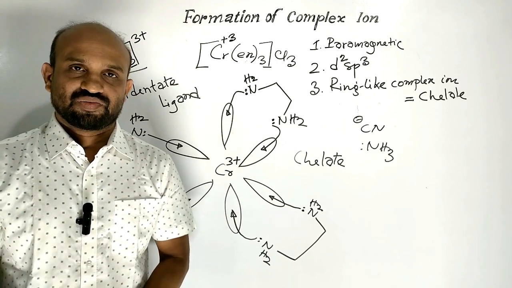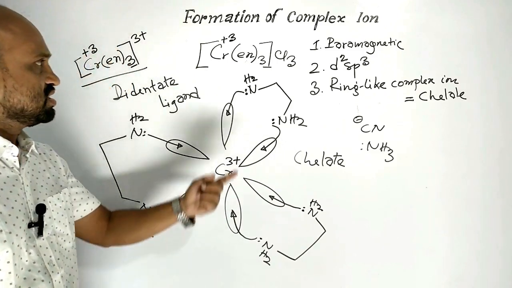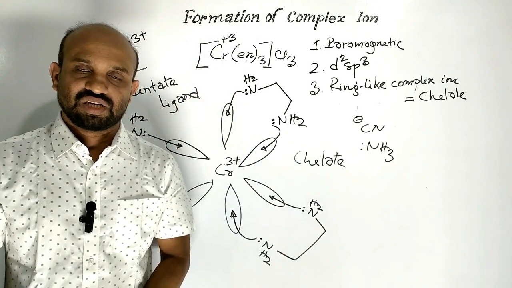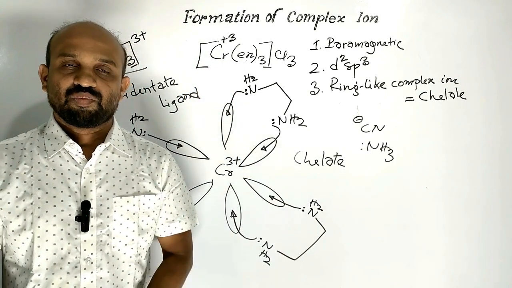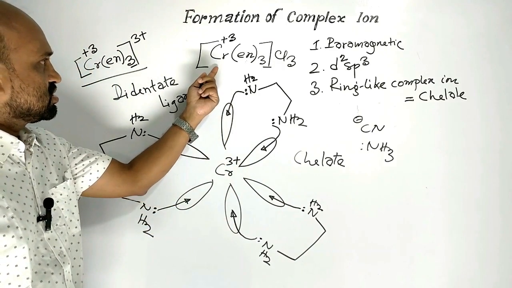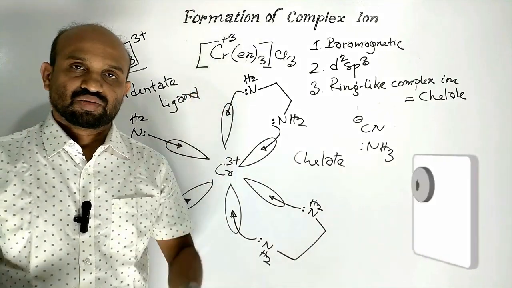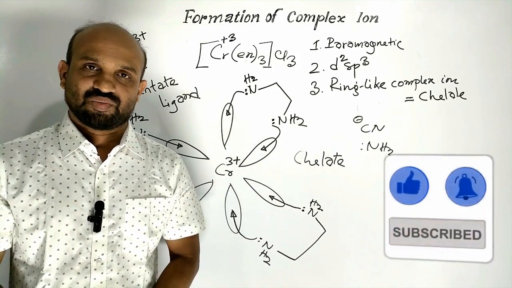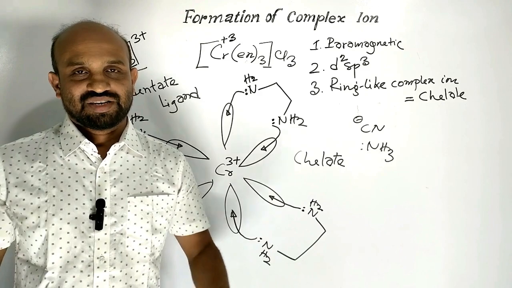This is all about formation of complex ion. Here, tris ethane 1,2-diamine chromium 3 chloride, and here the complex ion is tris ethane 1,2-diamine chromium 3 complex ion. This is all about formation of complex ion. No more today. Thank you very much.